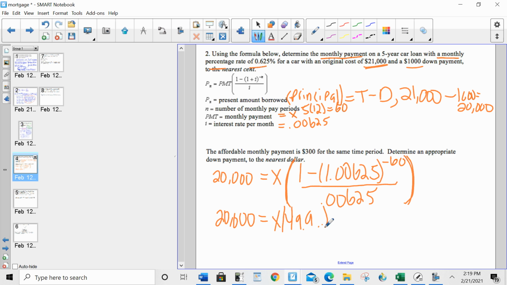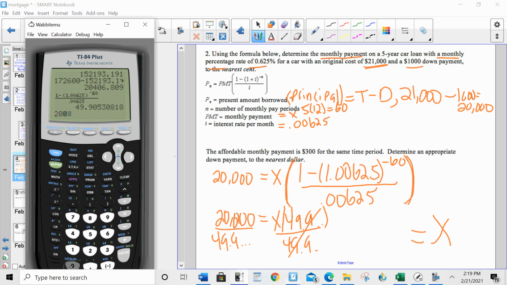So then to solve for x, I'm going to divide by the 49.9 dot dot dot. x equals 20,000 divided by this.